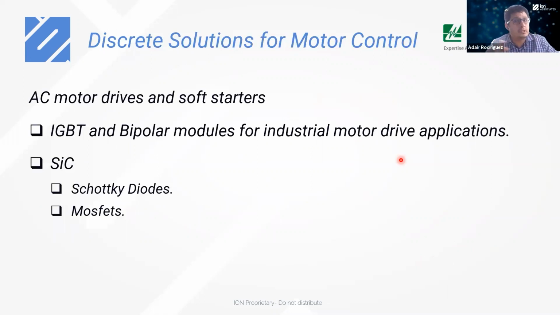For motor control, depending on the requirements, we can find modules, or we can find discrete solutions in which, for example, we can use IGBTs, the technology that is being used most of the time on these products, but also silicon carbide, with MOSFETs and Schottky diodes.